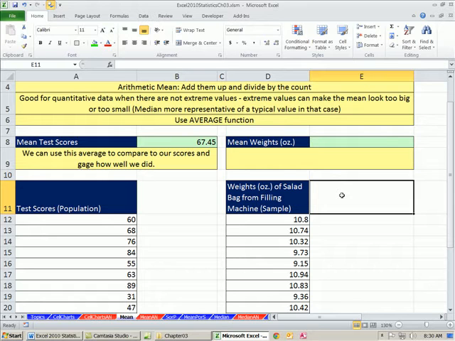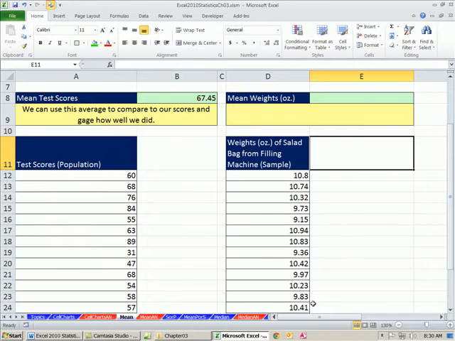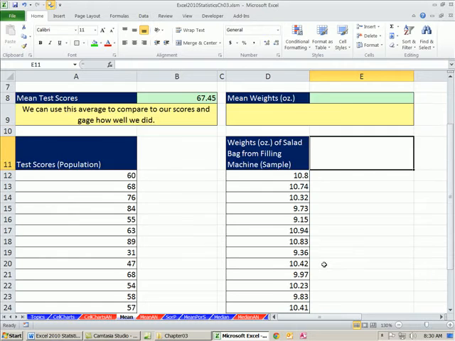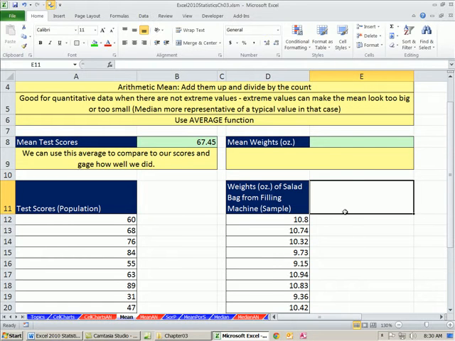You take a sample. So here we have weights, in ounces, of salad bags from a filling machine. Imagine a machine that's filling spinach or lettuce bags, and they're supposed to be 10 ounces. Well, you go out and you get a sample, and there they all are. Here are all the data points, but we need a single number to help us figure out if the machine is filling accurately.